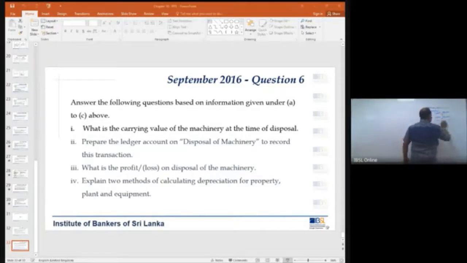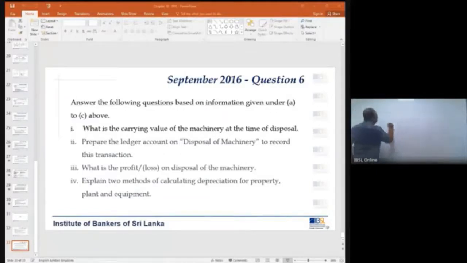So what you can do is start with the timeline, because the timeline will give you a better understanding. As I told you, that is the best thing you can do in the exam, just to make yourself understand better.